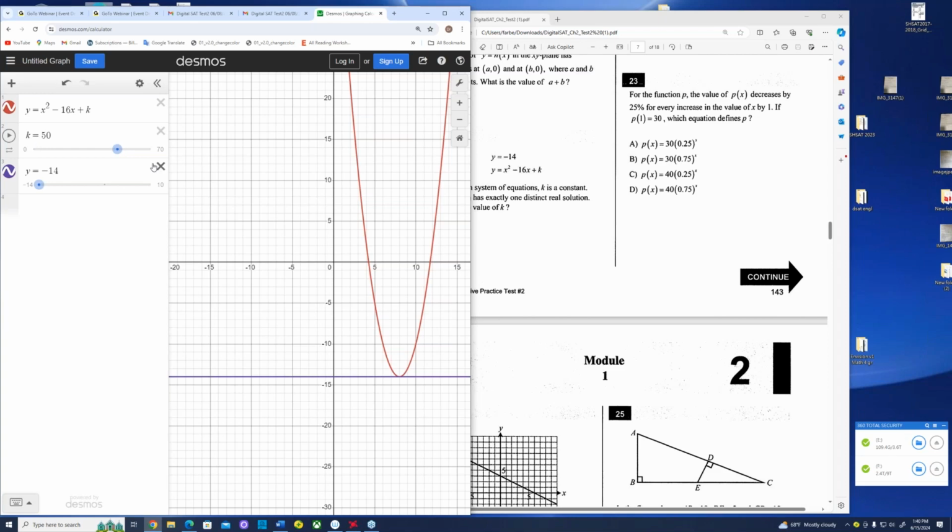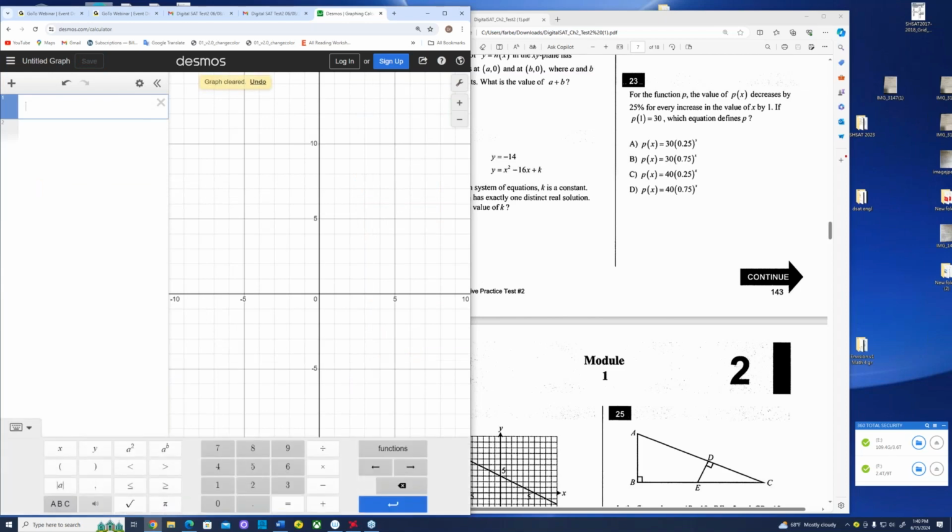Straightforward. So far, so good? Any questions? You delete everything. It was 21, right? Now the next question asks 23. In 23, the function decreases by 25% for every increase of 1 in the value of x.